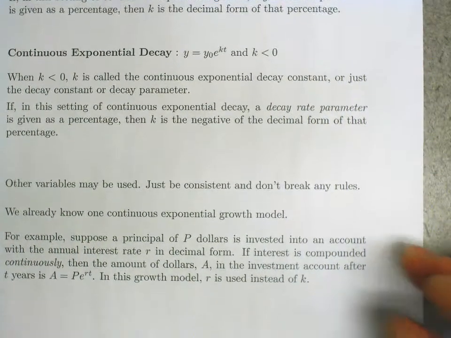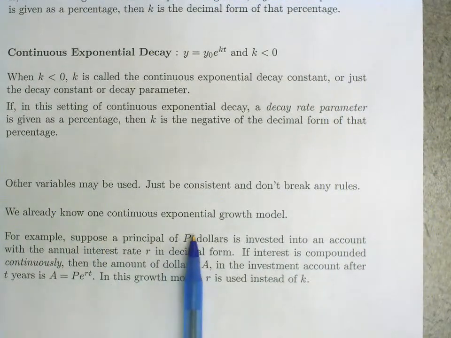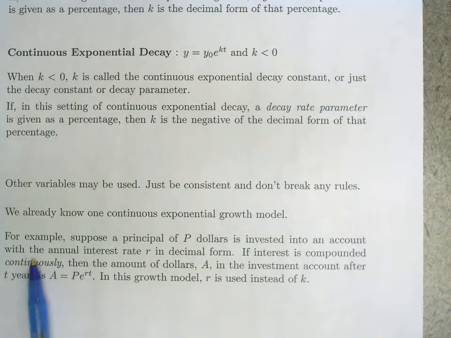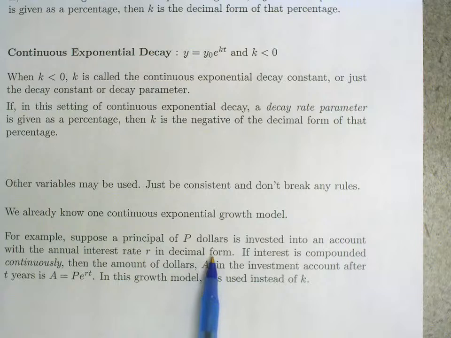We already know one continuous exponential growth model that we've had examples of already. For example, suppose a principal of capital P dollars is invested into an account with the annual interest rate r in decimal form.